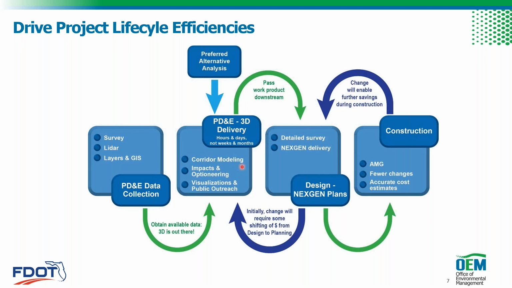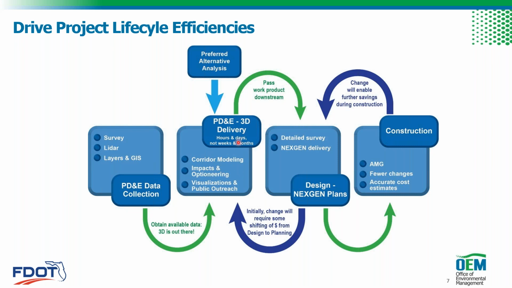And what does that mean? It means that we have the capability to provide higher quality and higher accuracy even early in the design process. So what happens next? If we begin to incorporate this 3D information here, we're already passing some data forward into the plans development phase, right?